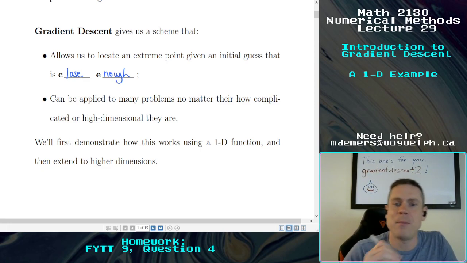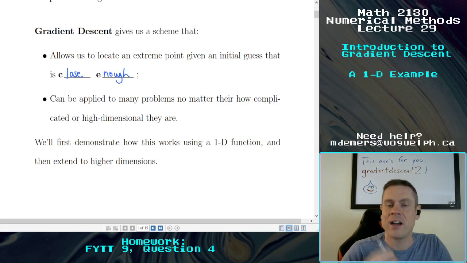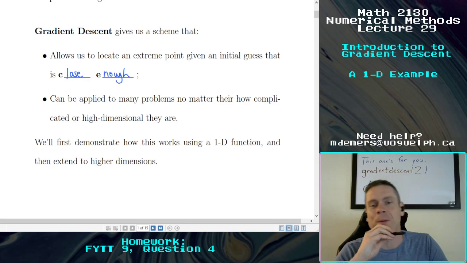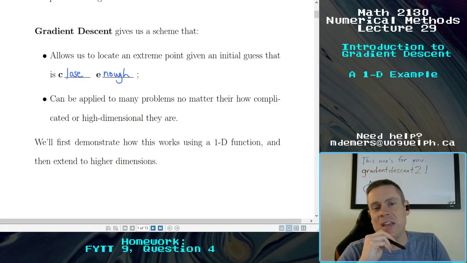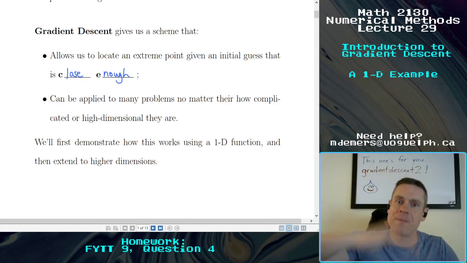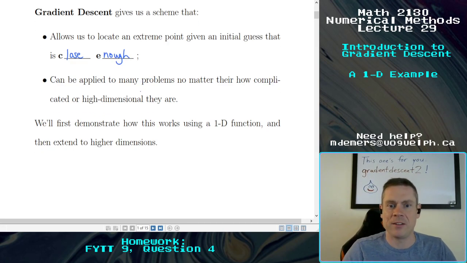And it can be applied to many problems, no matter how complicated or high dimensional they are. Well, okay, I guess that speaks for itself when we talked about before. And this is a scheme that's going to rely on, like the last couple of topics we've done, derivatives. So we're first going to demonstrate how this works in 1D, and that's going to be the focus of this lecture right here.